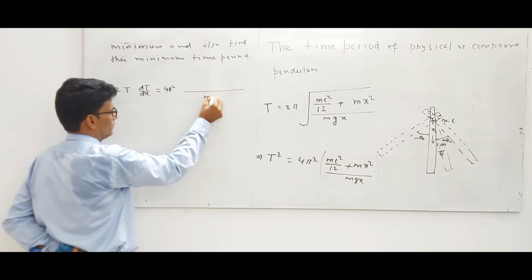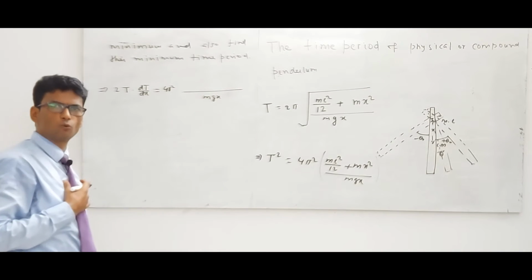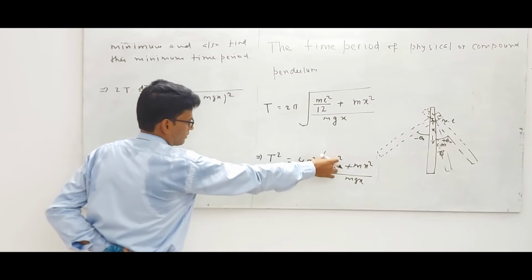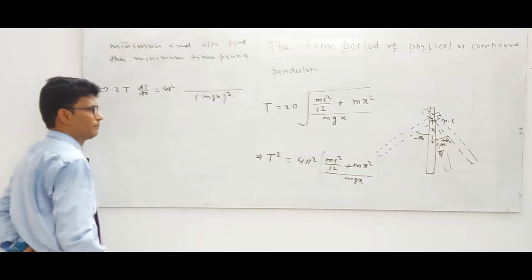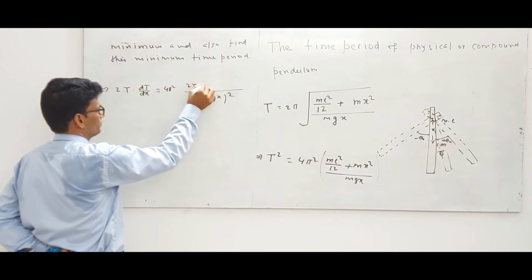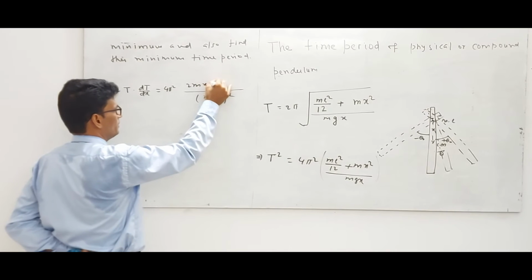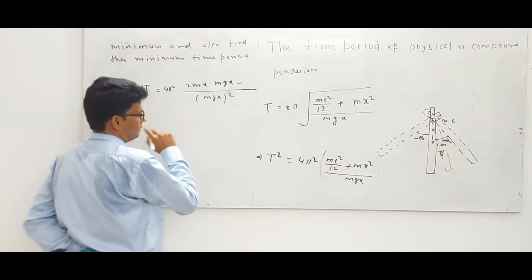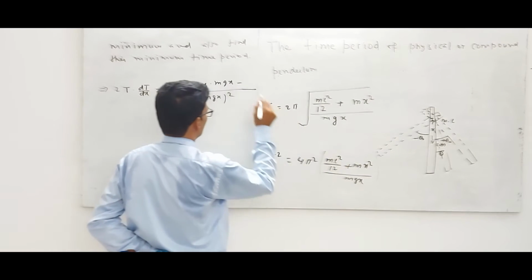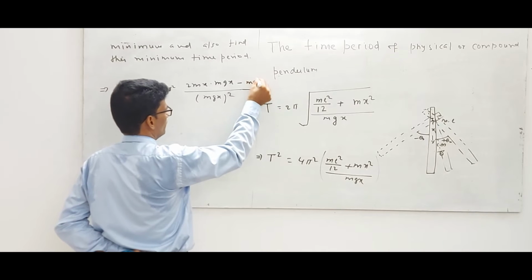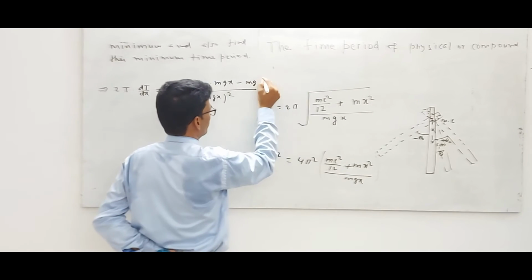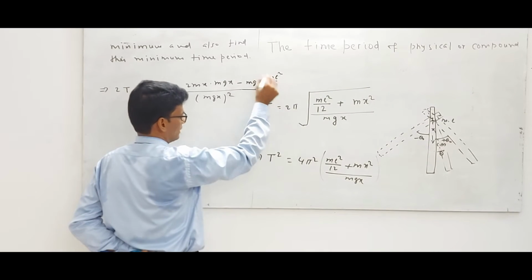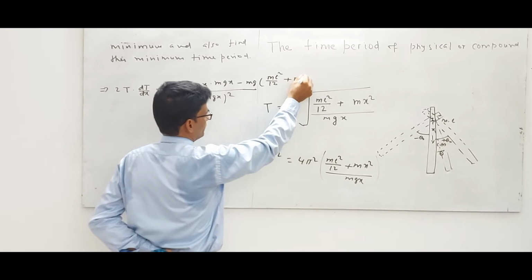Here we use the quotient rule. This is the whole square. The derivative of the constant is 0, mx square gives twice mx, multiplied by the denominator mgx, minus the derivative of mgx, which comes out to be mg, multiplied by the numerator, which is ml square over 12 plus mx square.